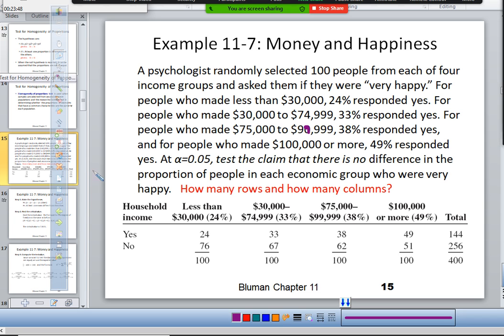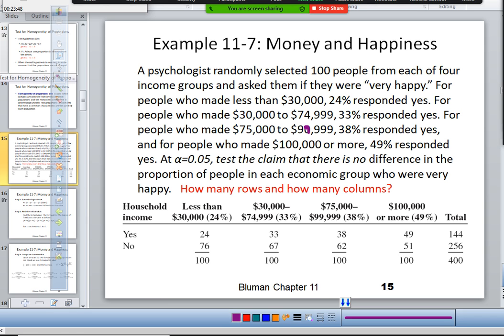How many rows and how many columns? All right, so everybody, type in the private chat, how many rows and how many columns do we have? Remember, it goes RC, rows and columns. Private chat it out for me. I'm waiting. Three people, 4 people, 5.